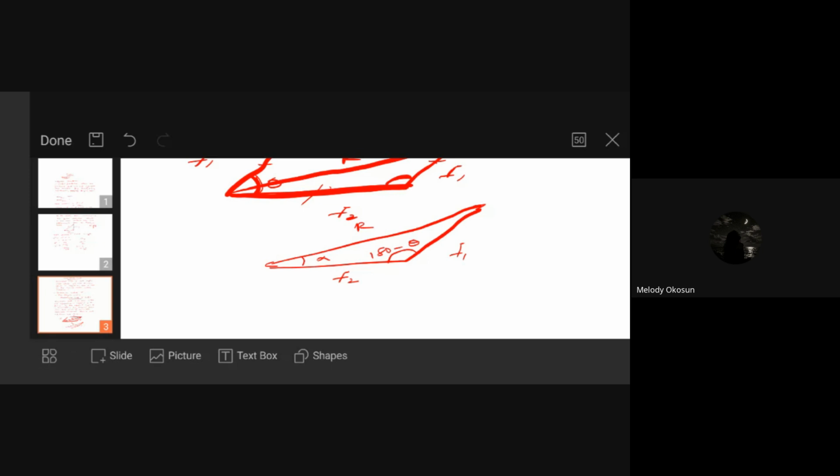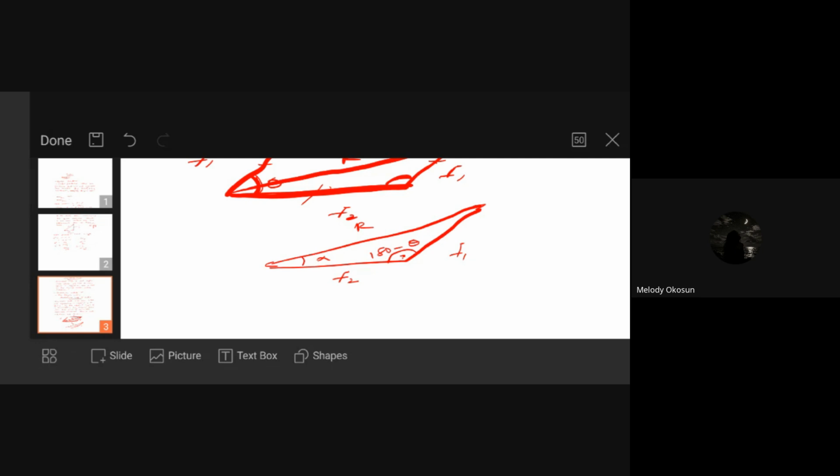That's my cosine rule. Clearly, cosine rule states that anytime you have two known sides, which is your f2 and f1 in this case, and now you have a known angle facing an unknown side. See, I know this angle here. This angle here is 180 minus theta. So I know an angle, and that angle is facing an unknown side, r.